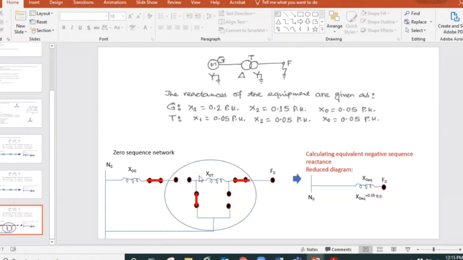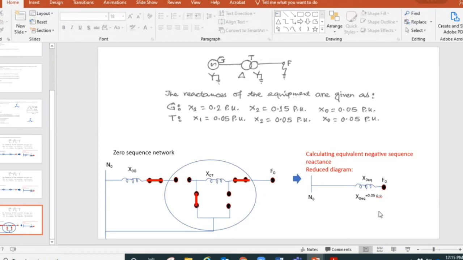So all the reactances present in this path will come into the calculation of the equivalent reactance, and in this case only one reactance is present, and that is the zero sequence reactance, X0, of the transformer, 0.05, that comes here as the equivalent reactance. Is that clear now? I just repeated it for us to remember and understand it more clearly.